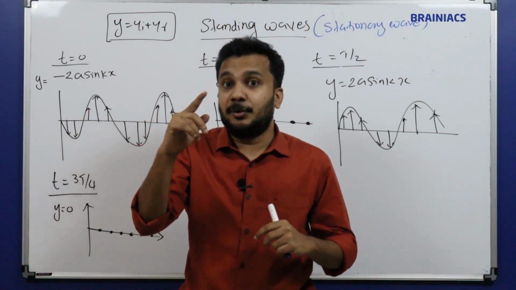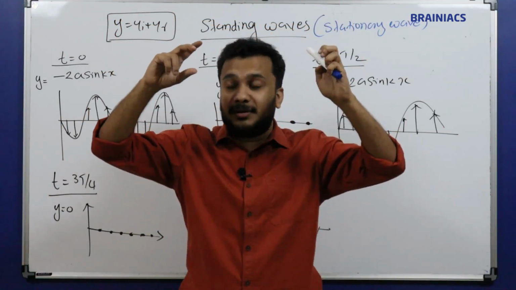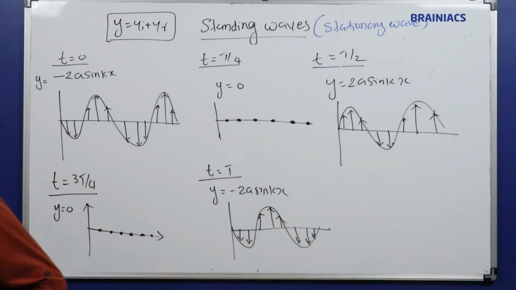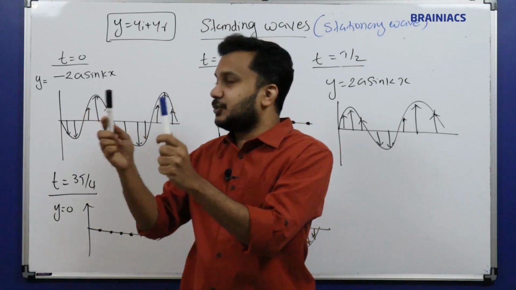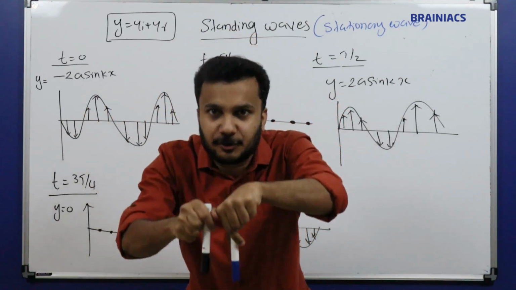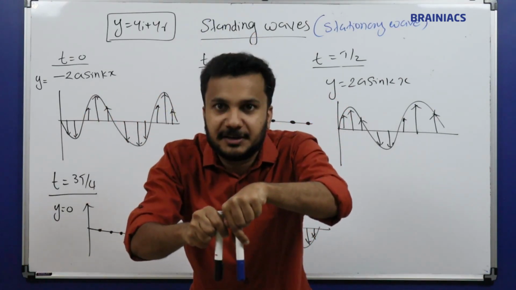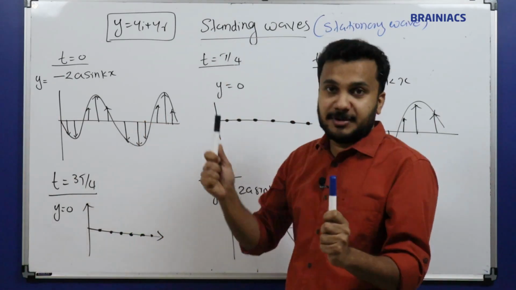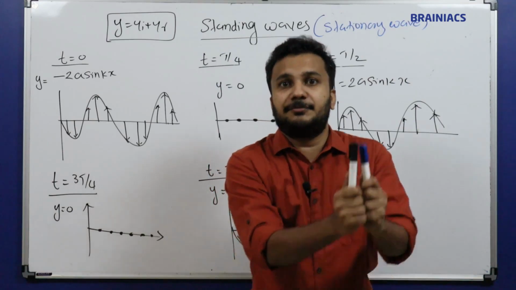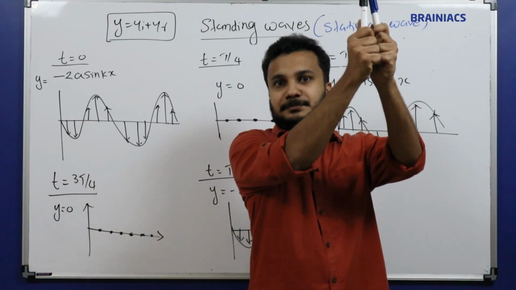Okay, now you can imagine. Suppose let me take my pen. Suppose you assume this is a 2 particle system in my hand, black and blue. At t is equal to 0 everybody will come and stand like this. At t is equal to T by 4 everybody will go up.